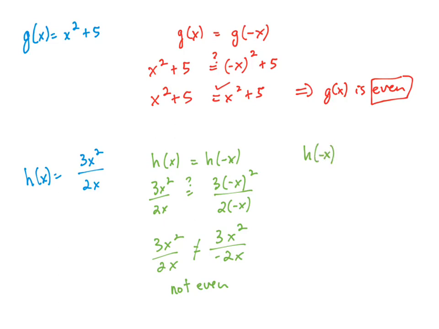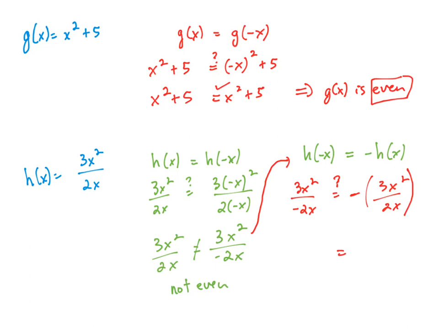All right, so let's test for odd. Is h of negative x equal to negative h of x? All right, we already have h of negative x. It's this down here: 3x squared divided by negative 2x. Is that equal to negative h of x? So this is going to be negative of 3x squared divided by 2x.